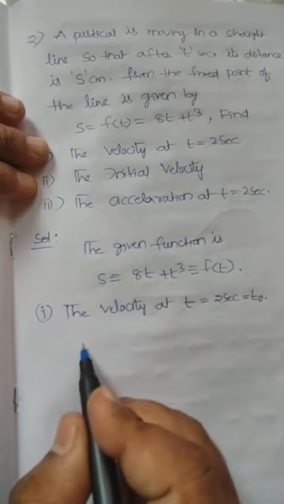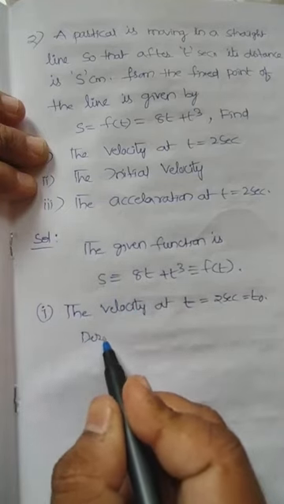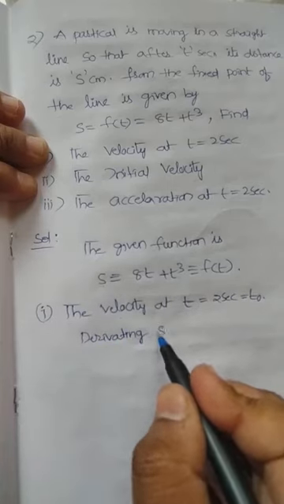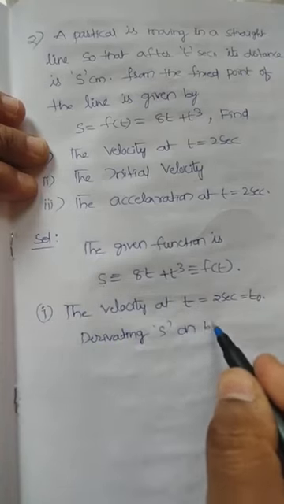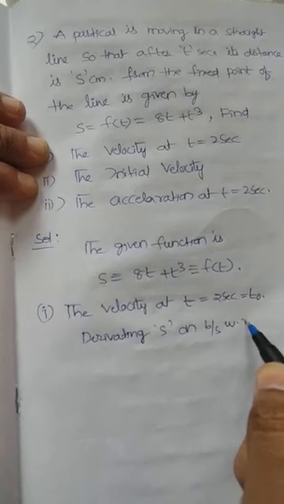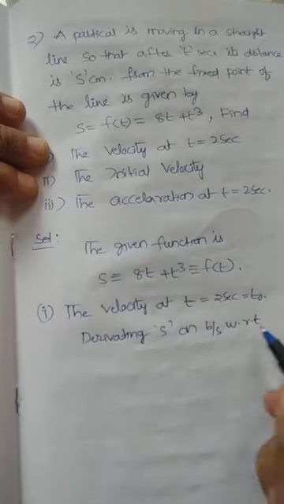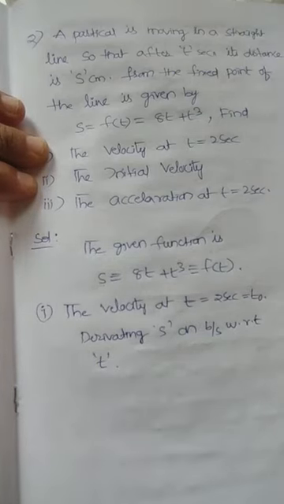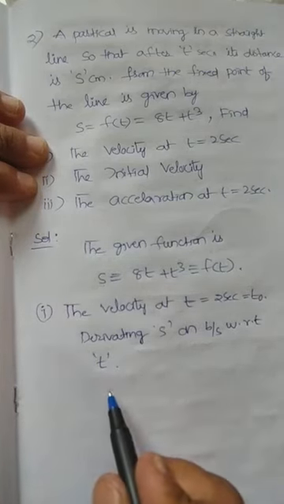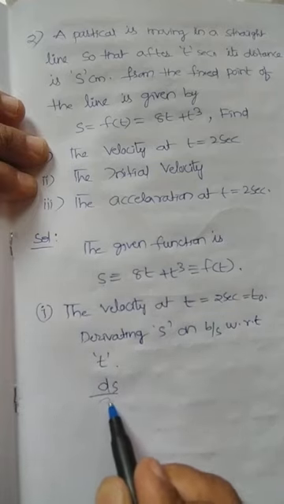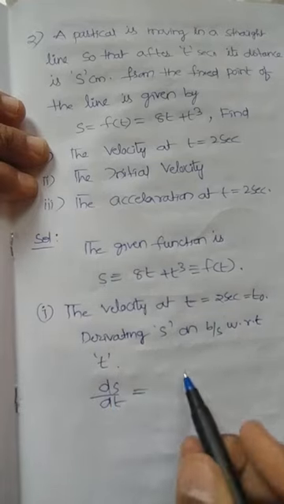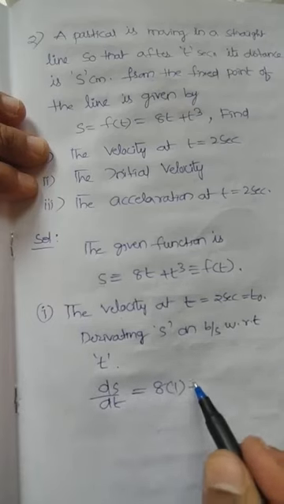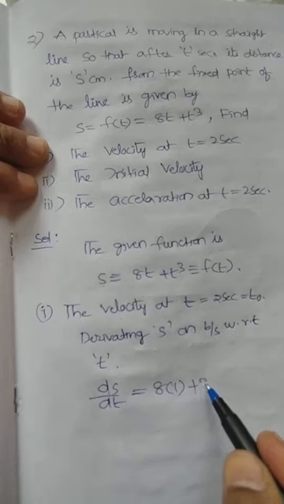Differentiating s on both sides with respect to time t, we get ds by dt equals 8 into the derivative of t, plus the derivative of t cube, which is 3t square.